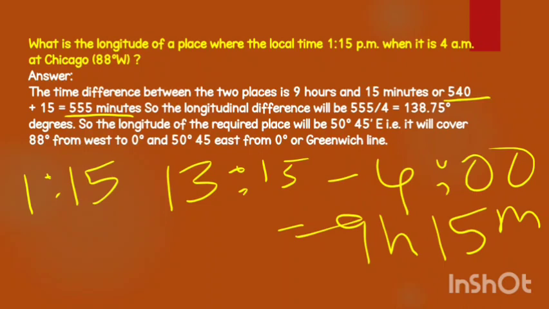The longitudinal difference: 1 degree equals 4 minutes, so you have to divide 555 by 4, then we will get 138 degrees 75 minutes. Okay, so the longitude required is 50 degree 45 minutes east.